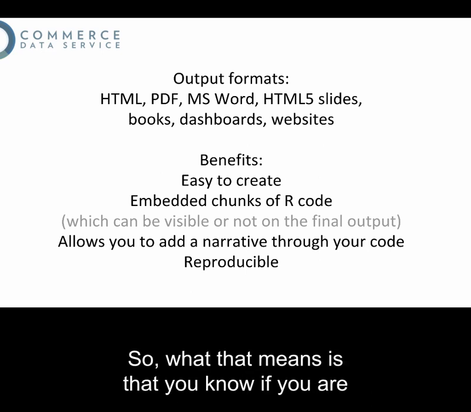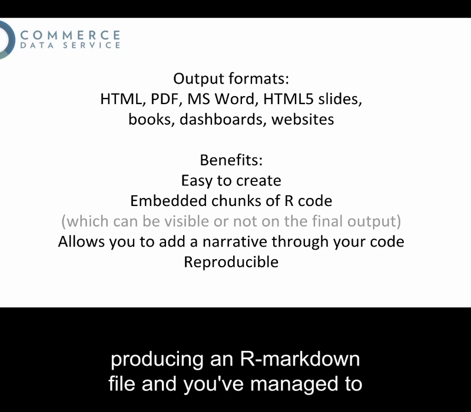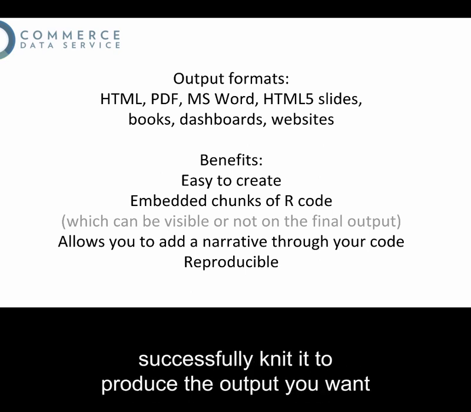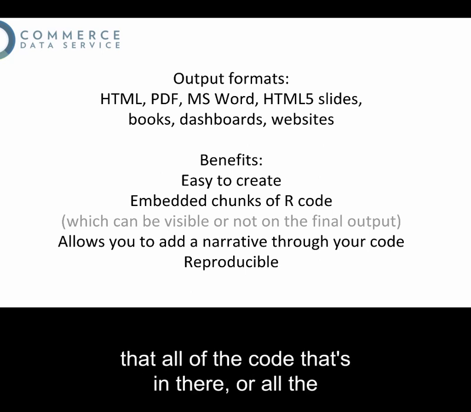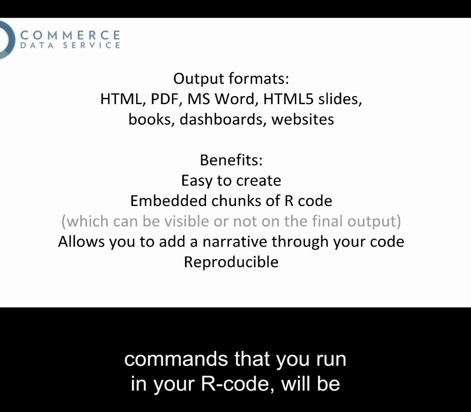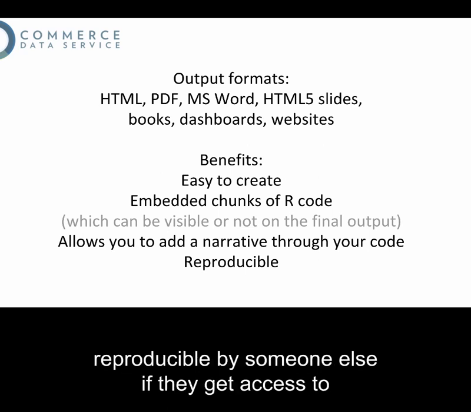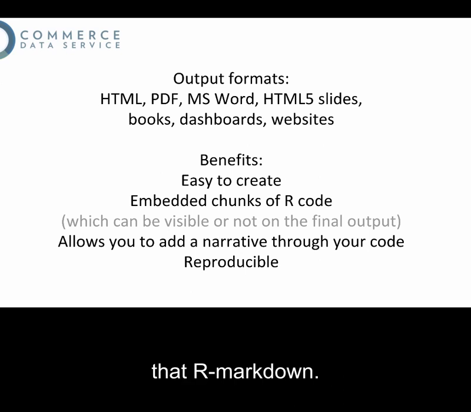So what that means is that if you are producing an R Markdown file and you've managed to successfully knit it to produce the output you want, all of the code that's in there, or all of the commands that you run in your R code, will be reproducible by someone else if they get access to that R Markdown.